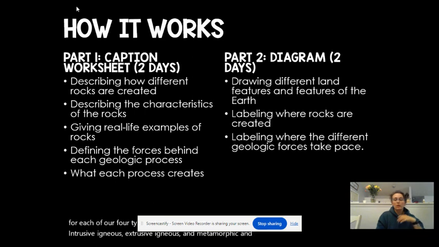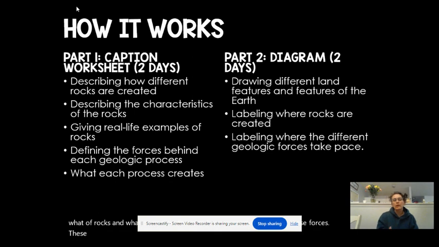And then you're going to create some paragraphs about the 6 different processes that we've talked about: weathering, erosion, sedimentation, crystallization, melting, and deformation. You're going to be giving real-life examples of all of them, and you're also going to be giving some characteristics of rocks and what is causing these processes.